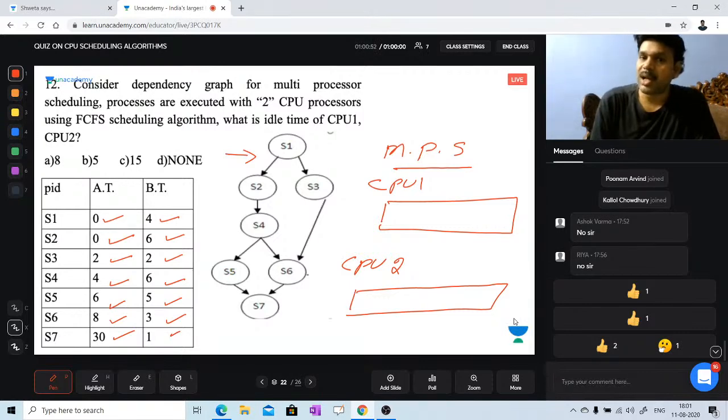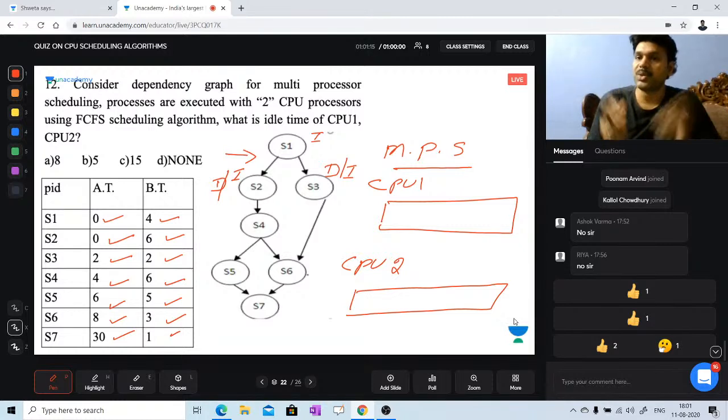S1 is independent. I am writing I; I stands for independent. S2 and S3 are not independent. After completion of S1 only, S2 and S3 are going to start. So they are dependent on S1. Soon after completion of S1, S2 and S3 become independent because both can execute in two different parallel executions, one on CPU 1 and one on CPU 2.